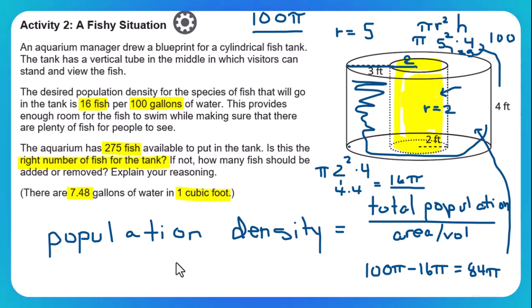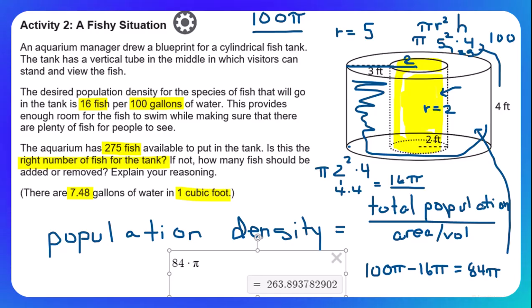Let's go ahead and multiply 84 times pi, use your pi key on your calculator, and round off to the nearest hundredth. I got 263.89.